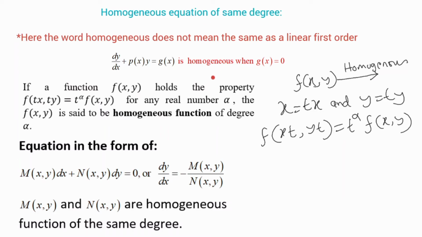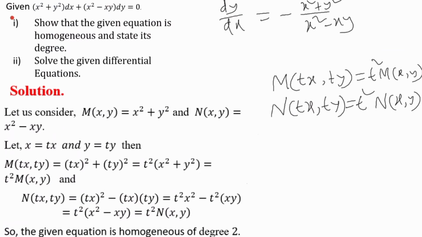So let us consider an example. Here I considered an example: given (x square plus y square) dx plus (x square minus xy) dy equals 0. This is a differential equation, but not in the standard form. So let us consider this is M, this is N. That means we consider the coefficient of dx as M, and the coefficient of dy as N. So we get M(x,y) equals x square plus y square, N(x,y) equals x square minus xy.